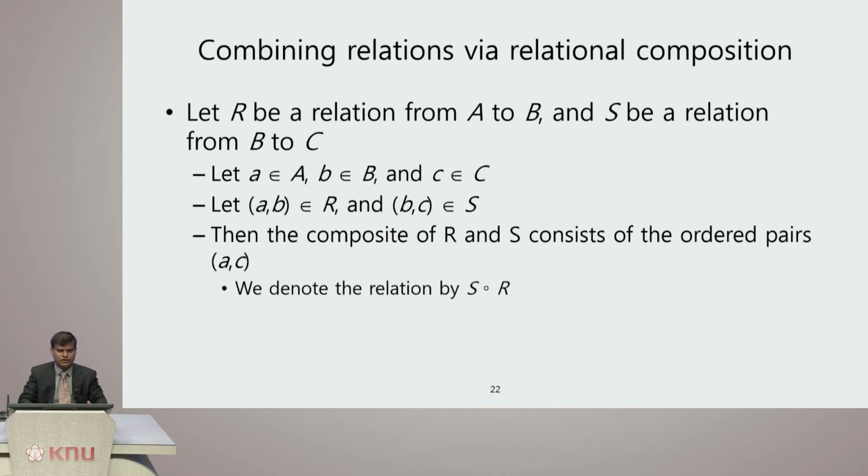We denote the relation S composite R, or S dot R. Note that S comes first while writing this composition. So we are combining the relations R and S via relational composition here.